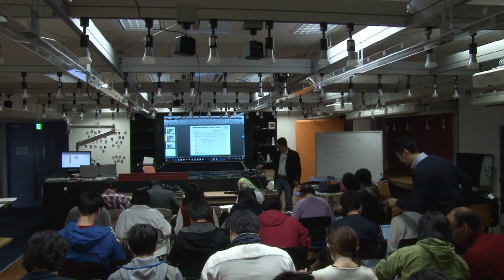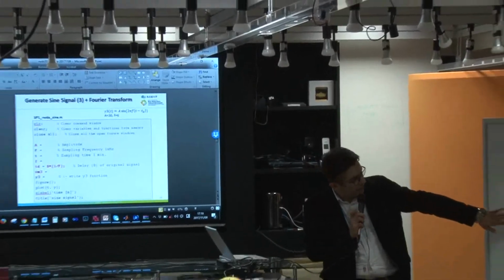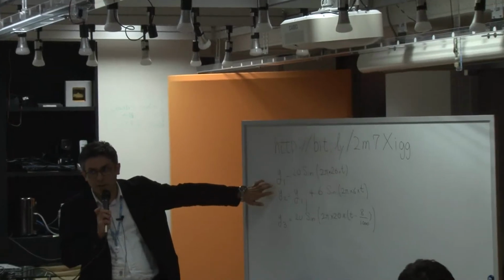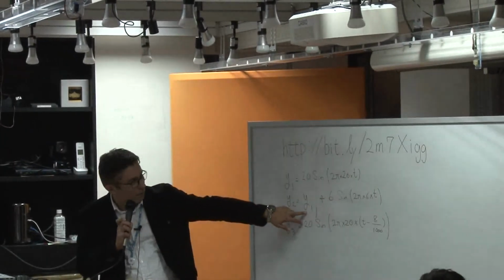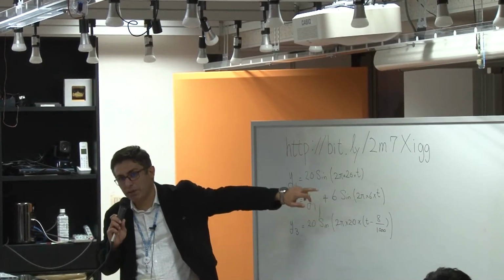The third signal that I asked you to create is this one. You had Y1 and then you had Y2. Y2 is Y1 plus one extra signal with higher frequency, right?